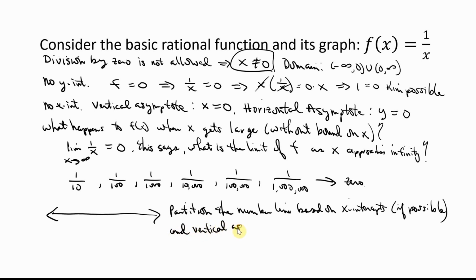In vertical asymptotes, we only have one vertical asymptote, that was x equal to 0. So we look at from negative infinity to 0, and then from 0 to plus infinity. We want to determine the sign of each interval.